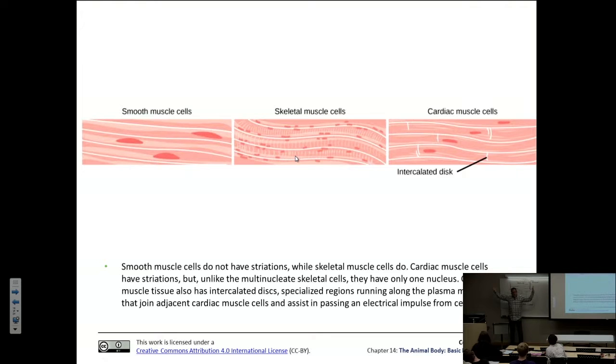So those Z lines come ever closer together as they can pull in opposite ways, but moving toward the center, so that the Z lines come closer together.